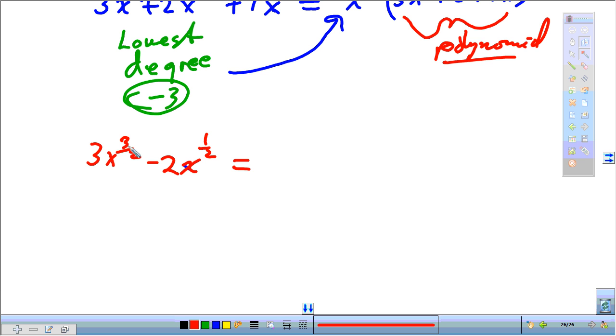So if we have 3x to the power 3 halves, minus 2x with an exponent of a half, if you take the least power of the two here in this example, it would be the 1/2 power. Factor it out.